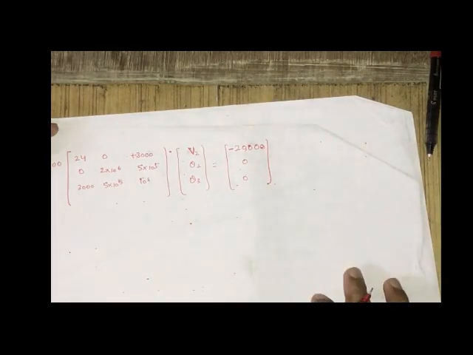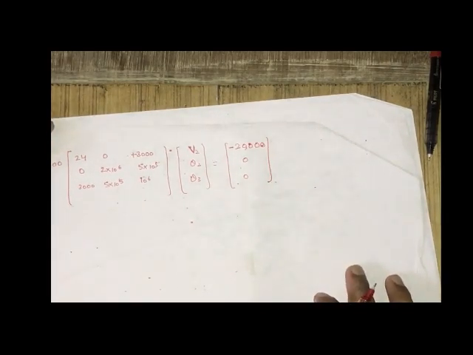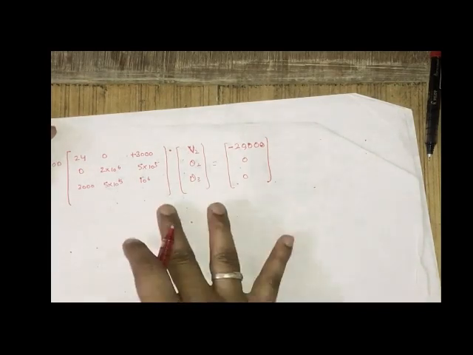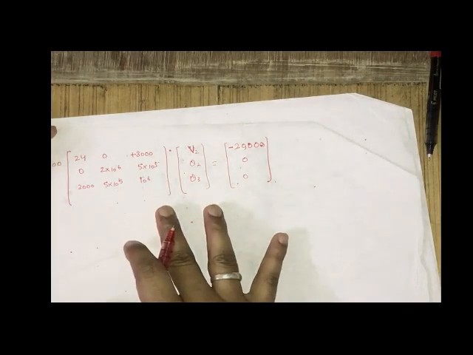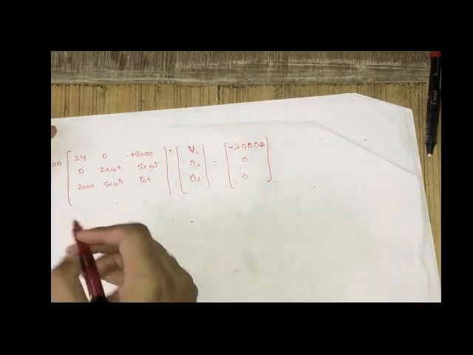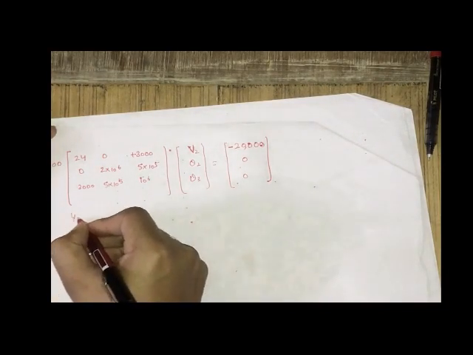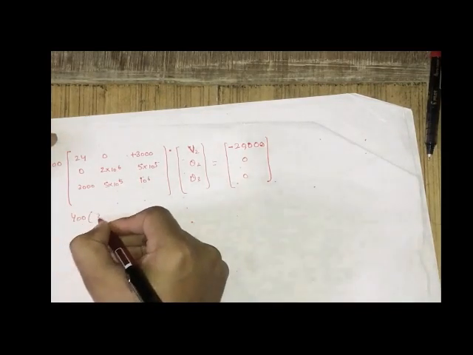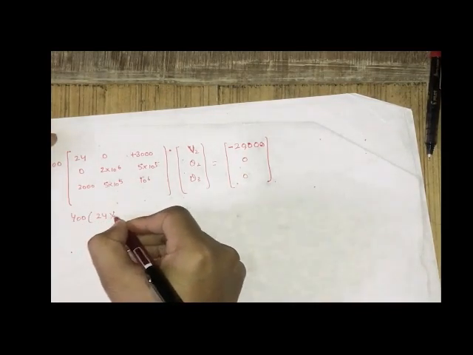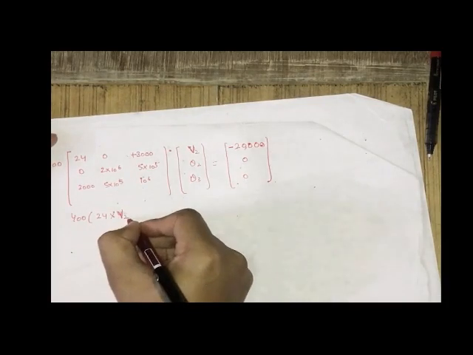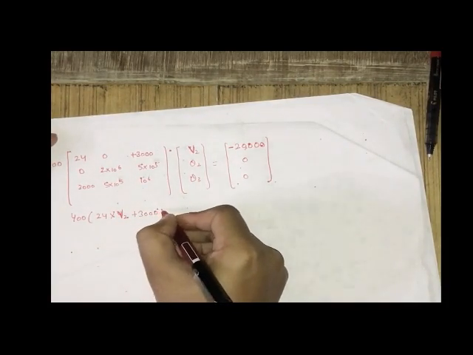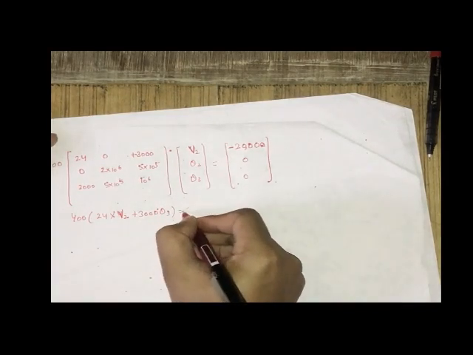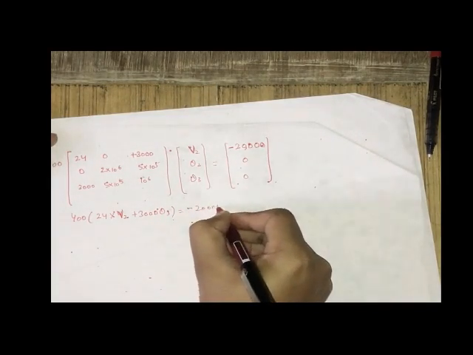After that we make the equation. With the help of a calculator or by making the equations, you easily get the values of v2, theta 2, and theta 3. So here the equation: 424 into v2 plus 3000 theta 3 is equal to minus 20,000.